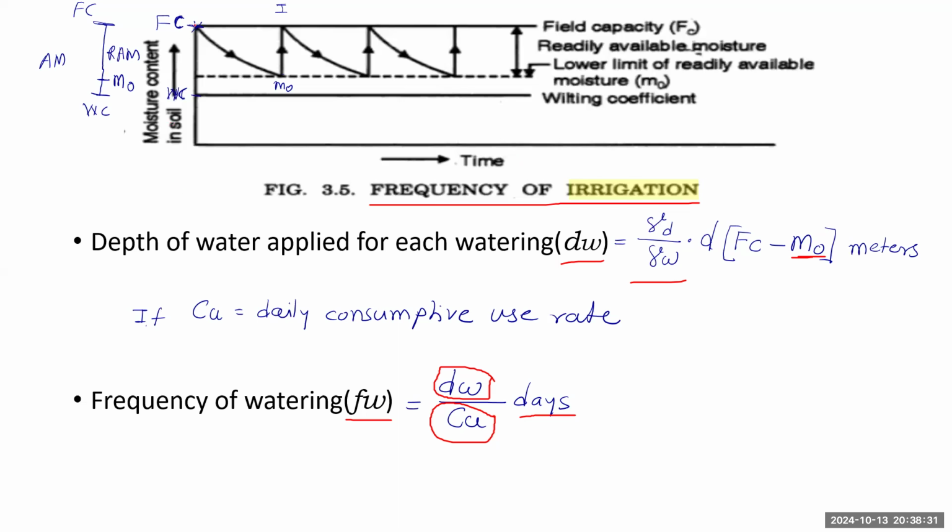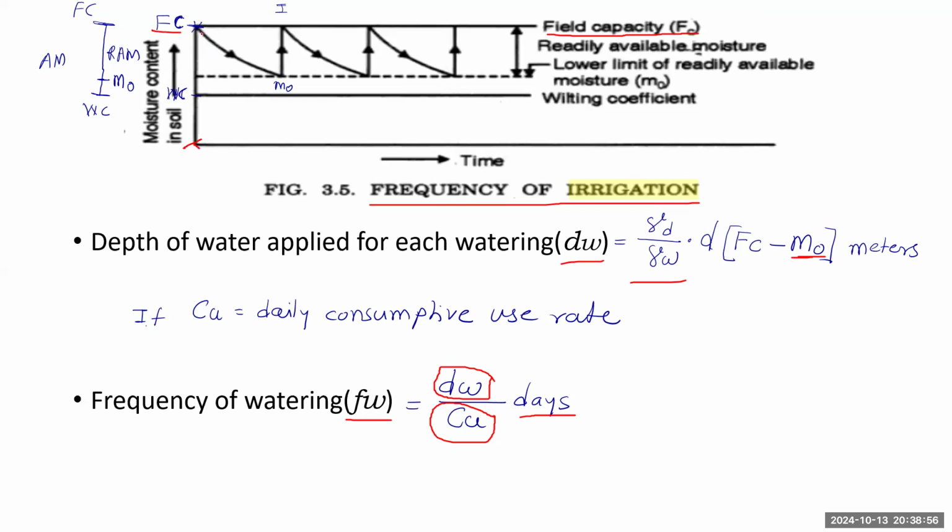Suppose at the first watering, now carefully observe this figure, the moisture content is up to field capacity. See this above line. This above line represents the field capacity. So at a certain time, let us say at time 0, the moisture content is up to field capacity.